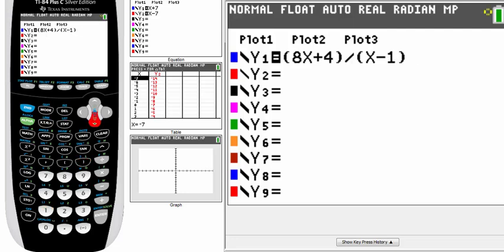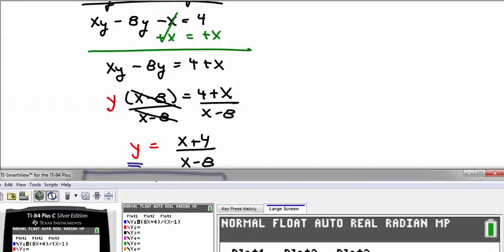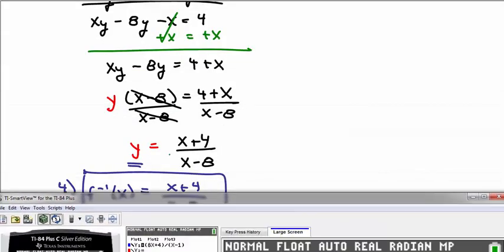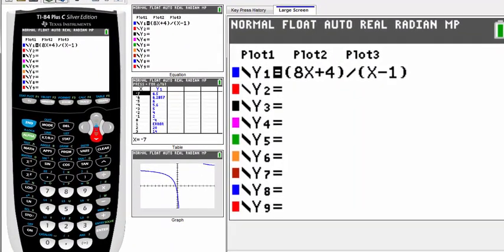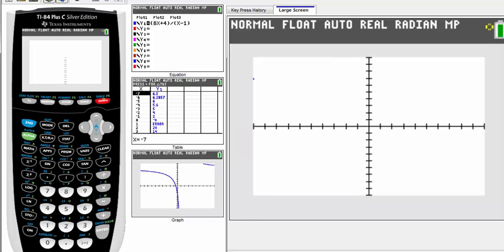So that's my first graph. Now my second graph would be what we came up with for an inverse, x plus 4 over x minus 8. So in parentheses, x plus 4 divided by x minus 8. Okay, let's look at the graphs.